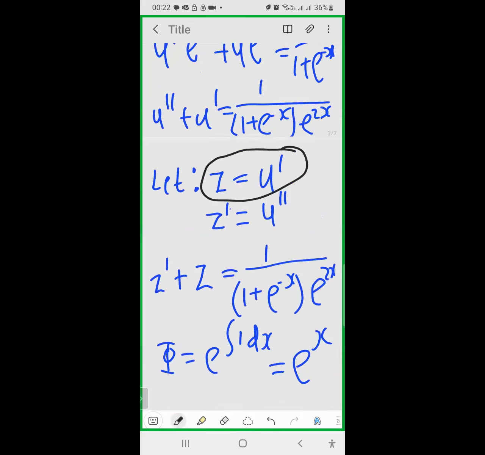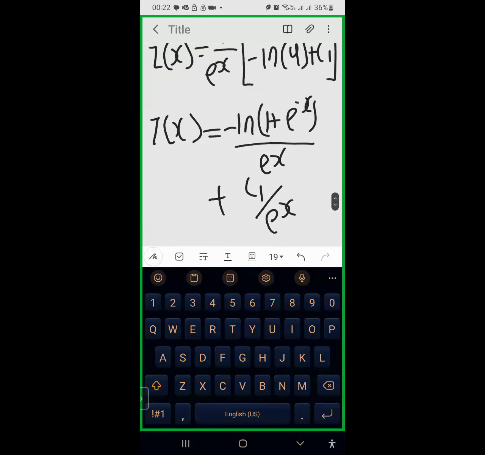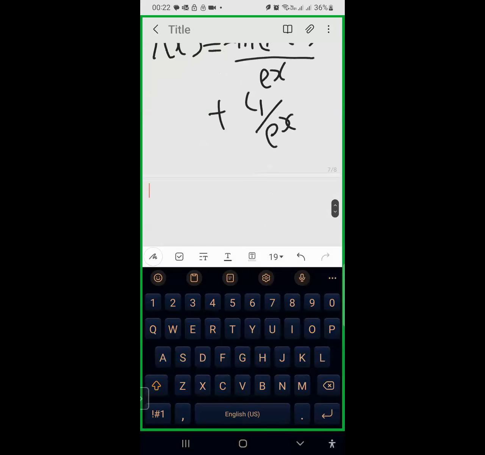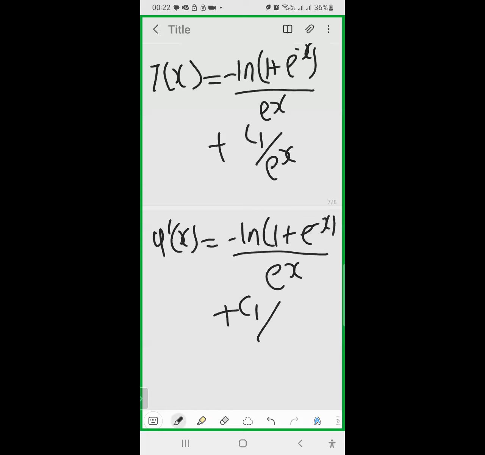Hence, we can conclude that u prime of x is equal to minus the ln of 1 plus e to the power minus x, divided by e to the power x, then plus c1 over e to the power x. And then from here, we can find our u by integration, right?